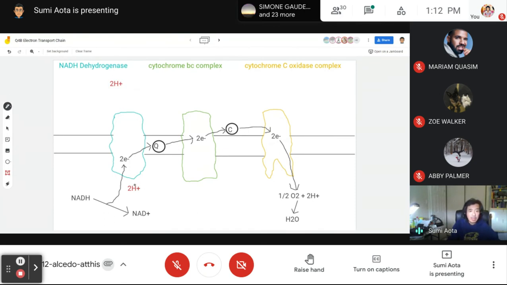So every time a pair of electrons go through this complex, you're going to have two hydrogens get pumped across here.